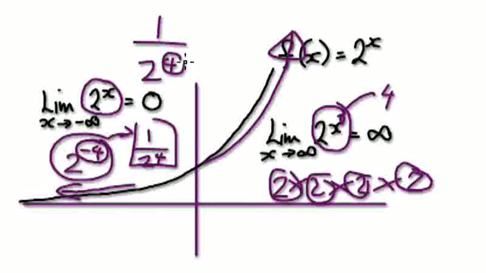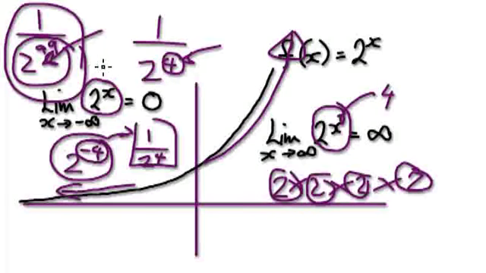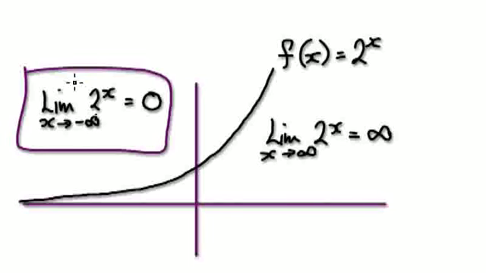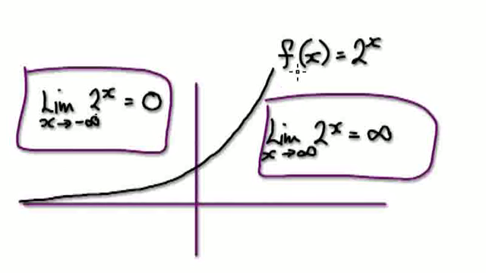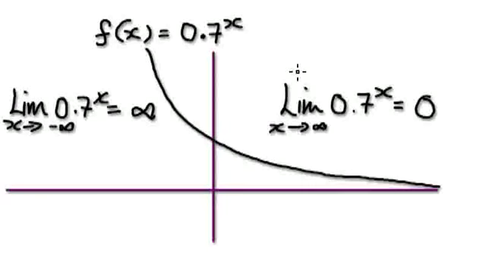You see, as this number increases, let's say 1 over 2 to the power of 999, the denominator is going to get really, really big, making the overall thing very, very small. So the limit here will be 0, and the limit here will be infinity.